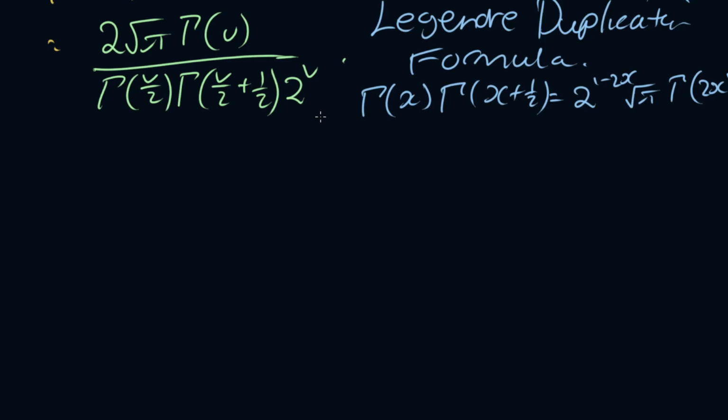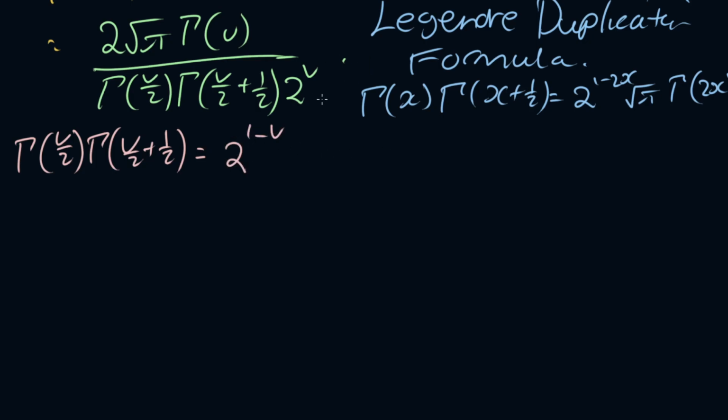We get that gamma of nu over 2 gamma of nu over 2 plus 1 half is 2 to the 1 minus nu root pi gamma of 2 nu over 2, which is just nu.